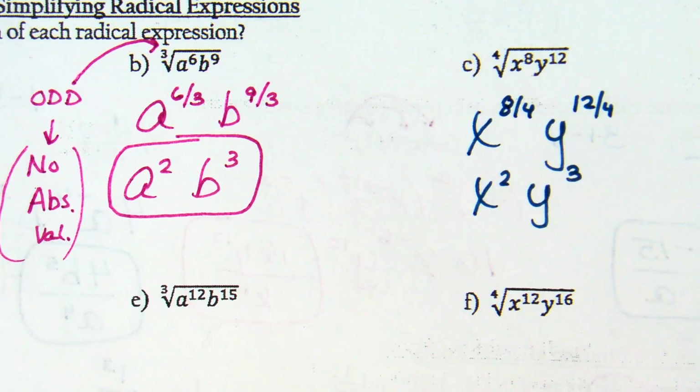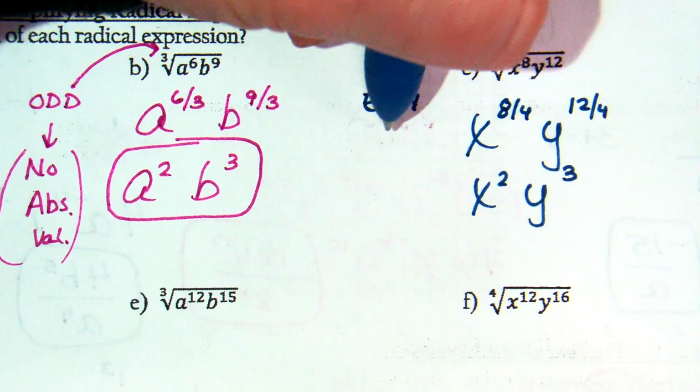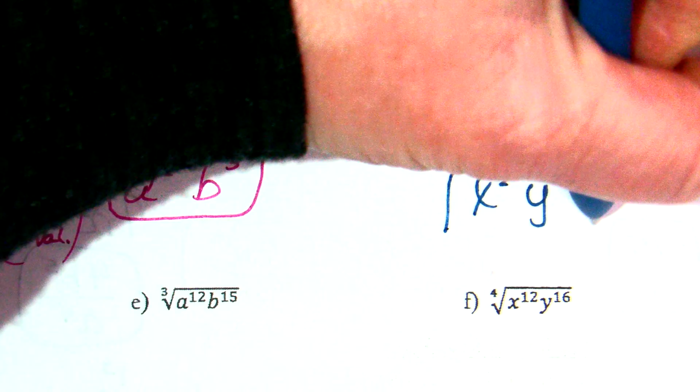And before I finish my answer, do I need to consider absolute value? What kind of root was this? A 4th root. And what do you know about 4? 4 is even. Because it's an even root, I've got to consider absolute value. It's an even root.